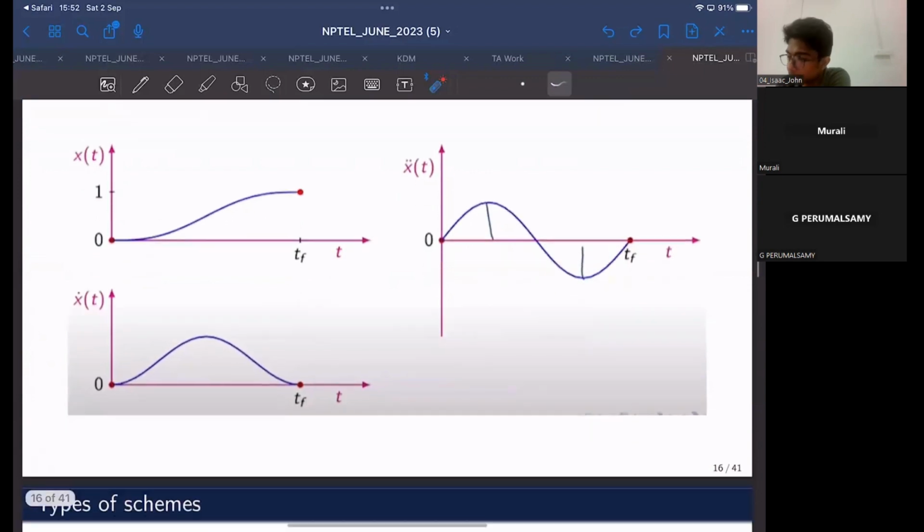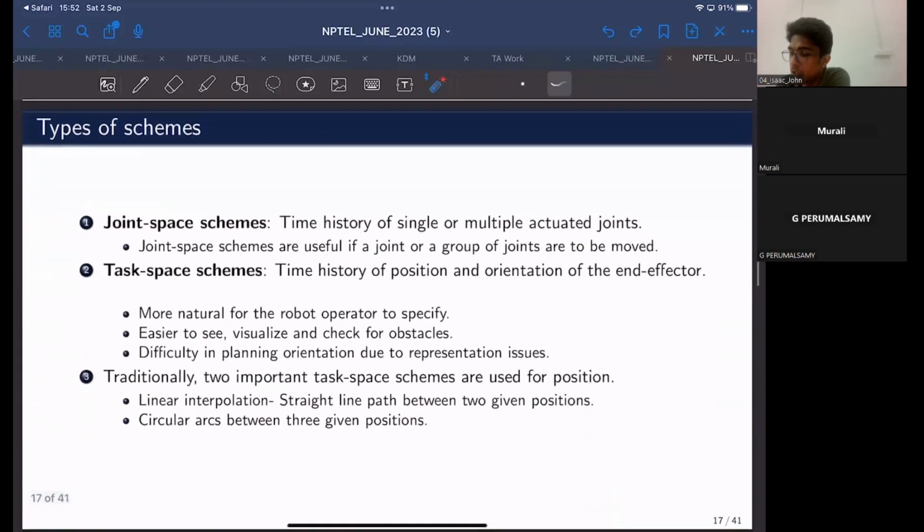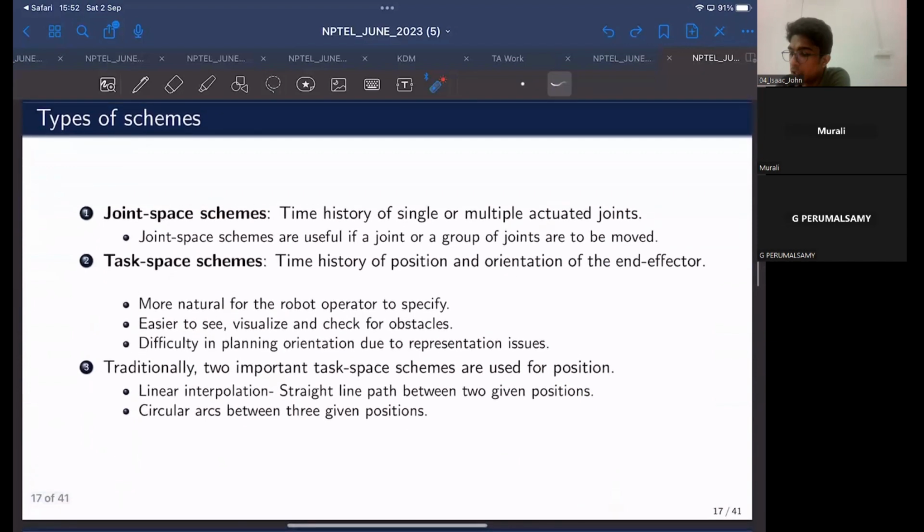Okay, so we'll also cover some schemes of motion planning. We can plan the trajectory or the motion planning in two ways, either in joint space schemes or in task space schemes.